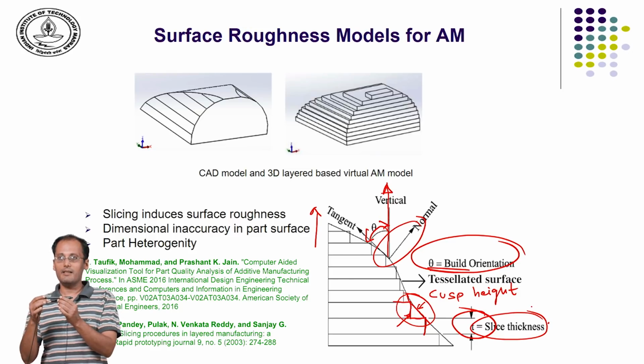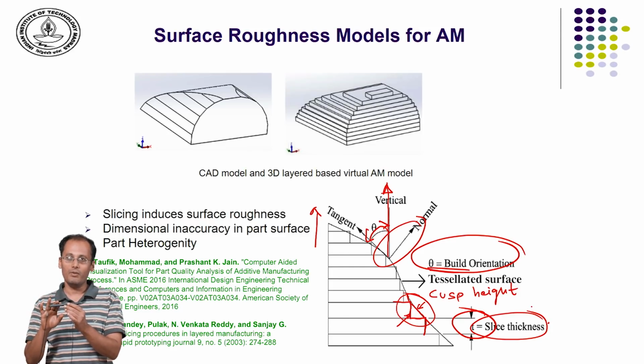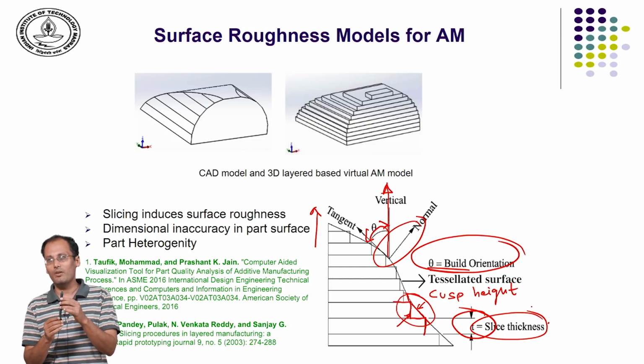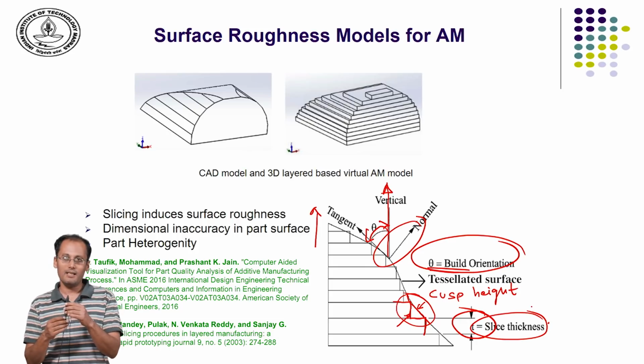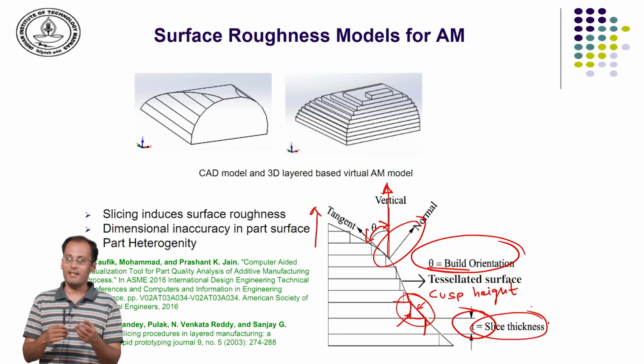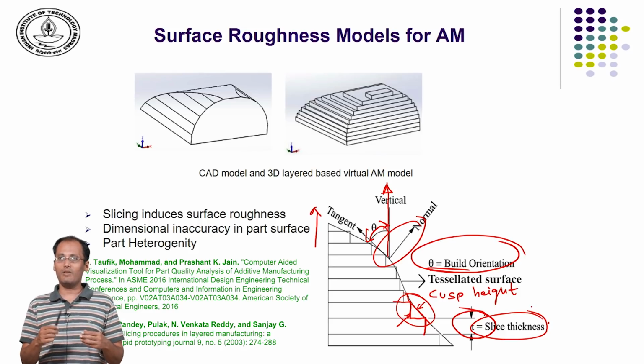I can build the same pen in a horizontal fashion, and the build height is less. If I choose this orientation, my build time is going to be less, and if I choose this orientation, it is going to be more. But other characteristics like surface finish or strength may not be in line with this objective, and thereby I will have to compromise on one when I try to gain on the other.